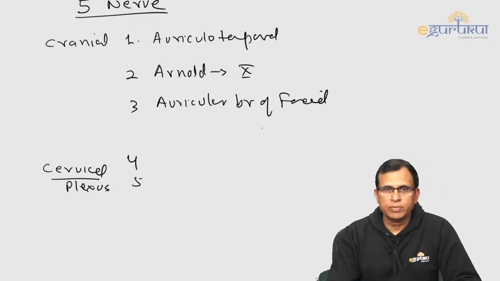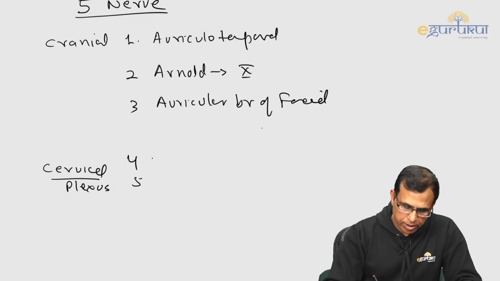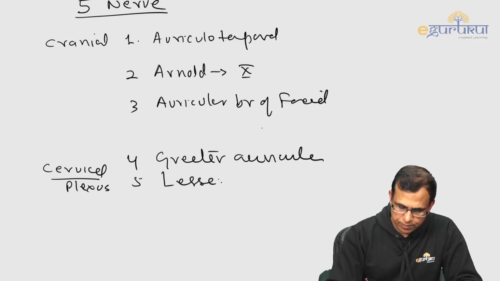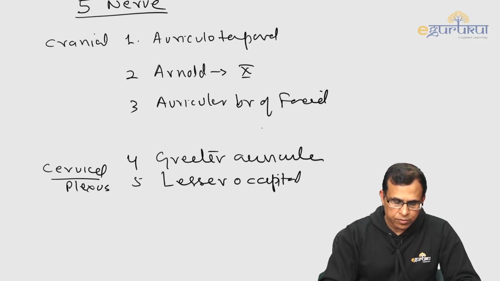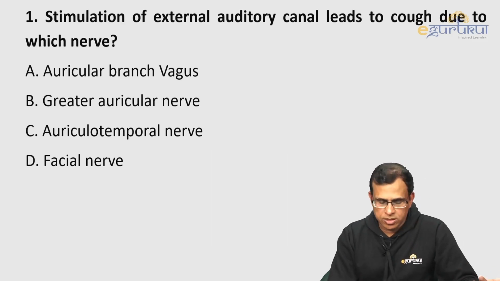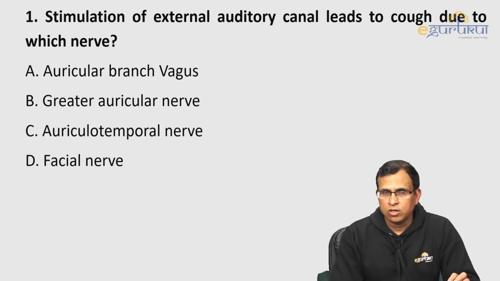So these are the 3 coming from the cranial nerves, and one is greater auricular and lesser occipital, 5 nerves. So all the choices that were given, all the 4 choices, were branches of nerves that supply the external ear.